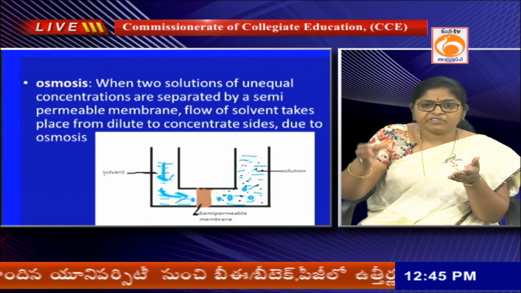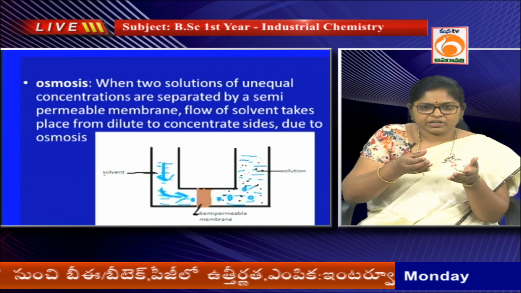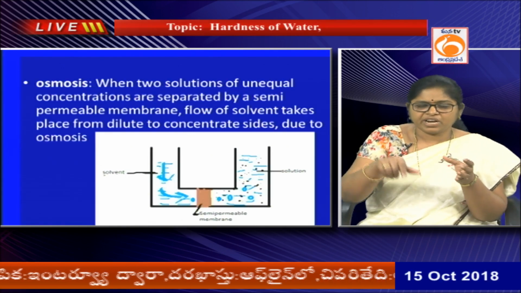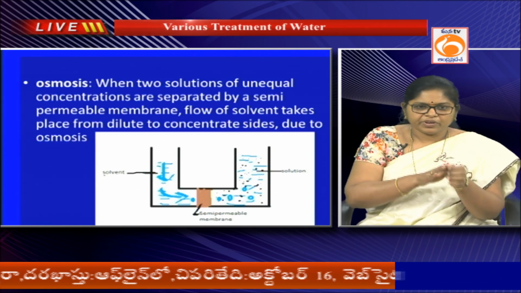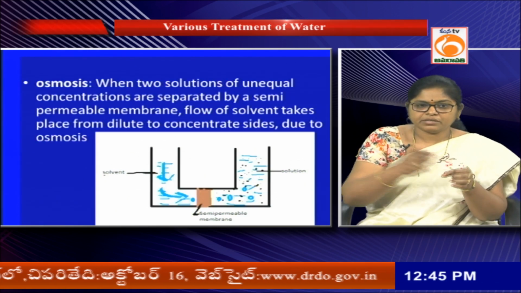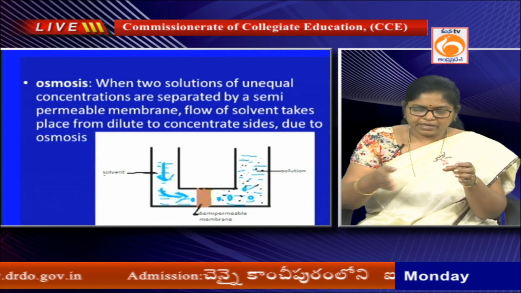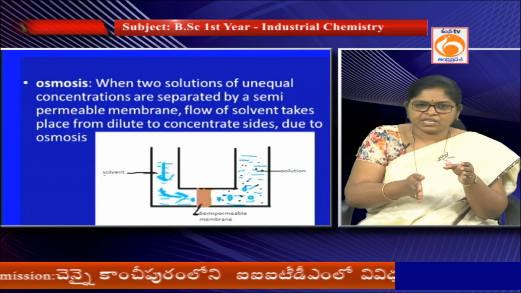From that sea water we can prepare pure water. That is reverse osmosis, but in osmosis we will see what happens. Here one side has solvent and the other side has a solution like sea water, and these two are separated with a semi permeable membrane.